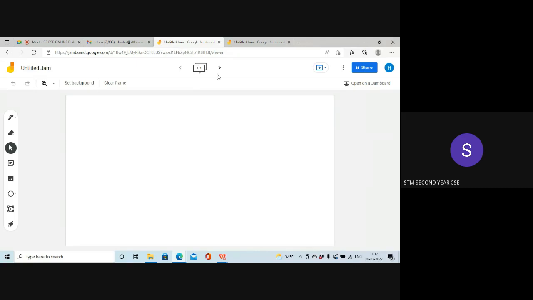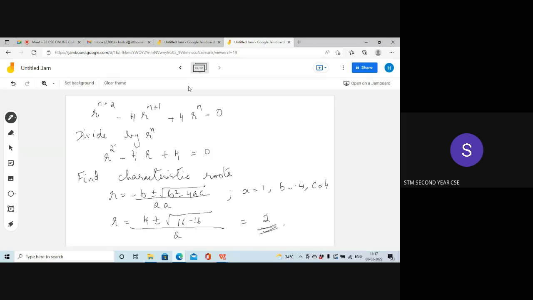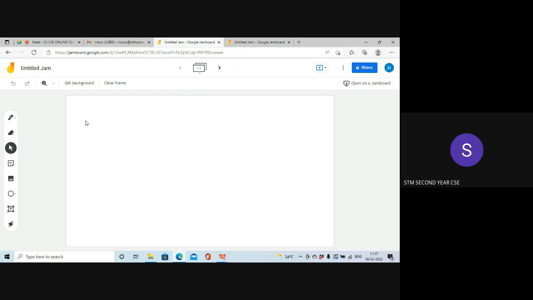What is the equation for the homogeneous solution? I have two same roots, isn't it? Since the degree is 2, you will have 2 roots, and both the roots are 2. So how will you solve it? Which equation will be used for the homogeneous solution?